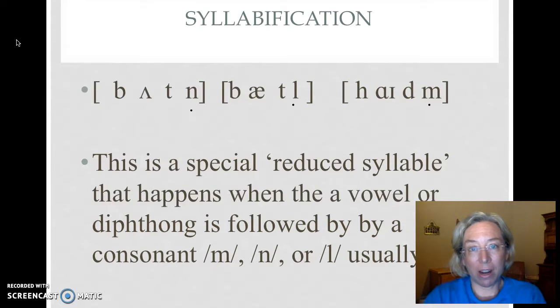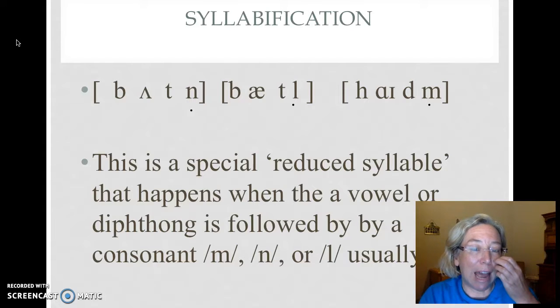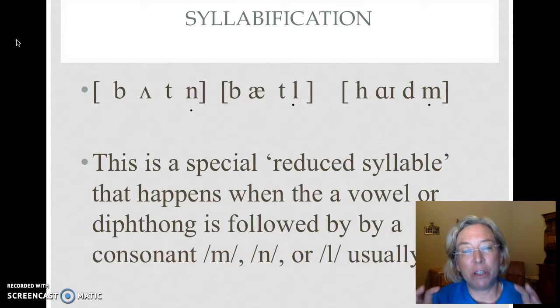A term I want to introduce you to is syllabification. So say it to yourself, syllabification, or say it out loud, syllabification. Syllabification is what happens when we're saying a word and there is what we call a reduced syllable. That's when a vowel or a diphthong is followed by a consonant.